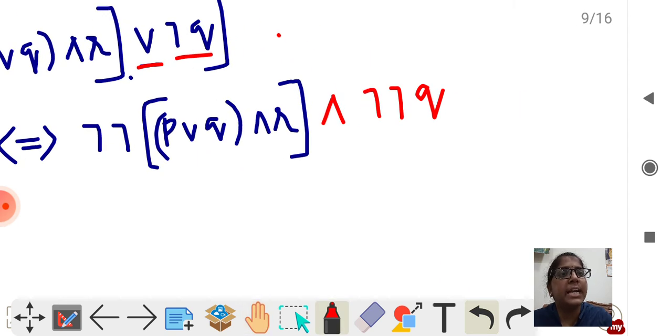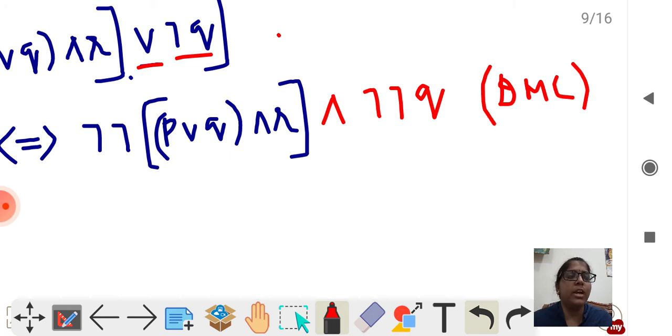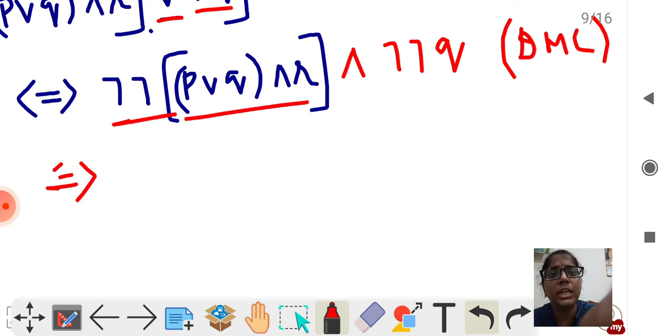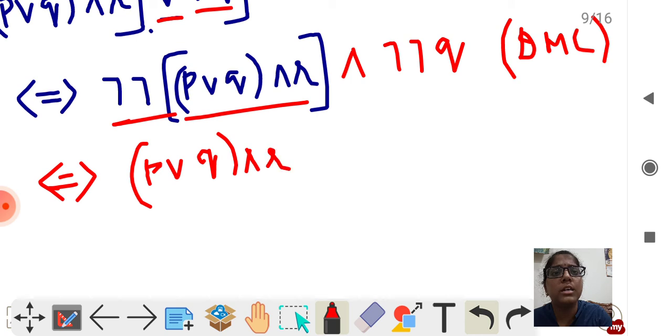It is by De Morgan's law. You have to mention the full name. So if you apply double negation, you get the same statement. It is logically equivalent to P or Q, and R.